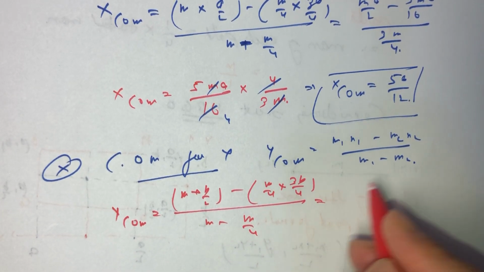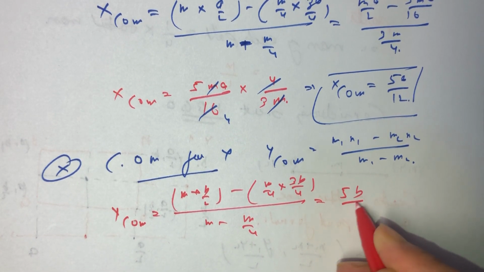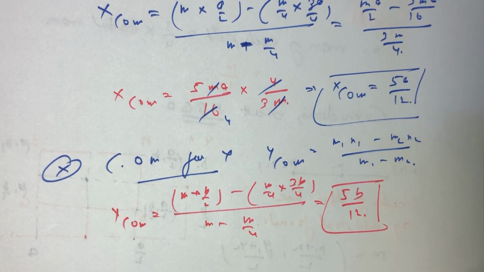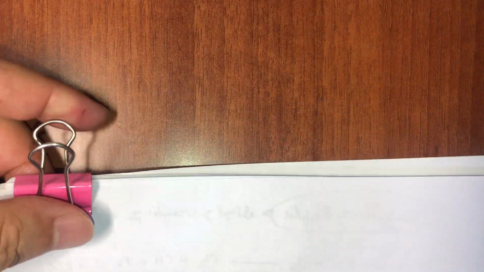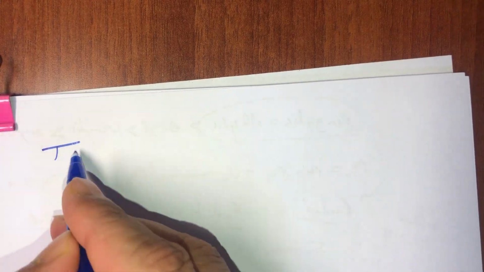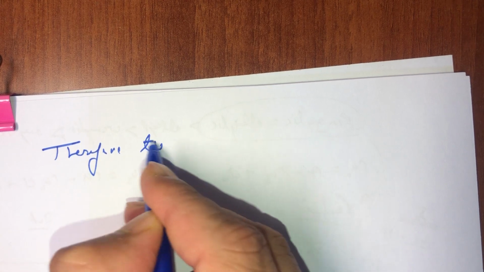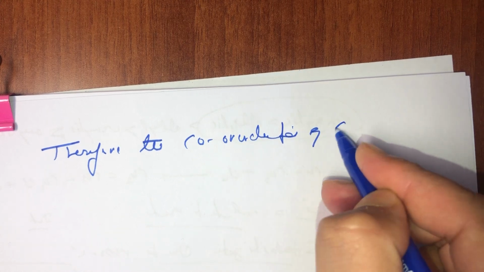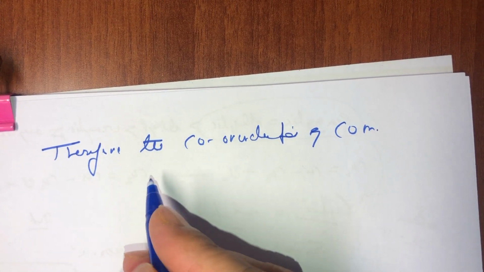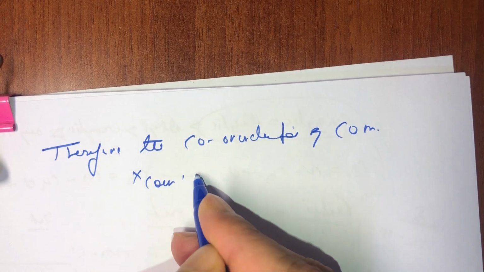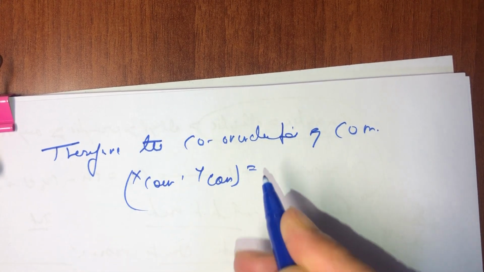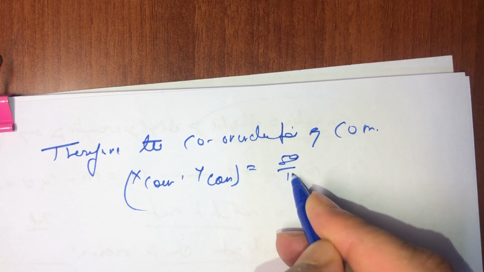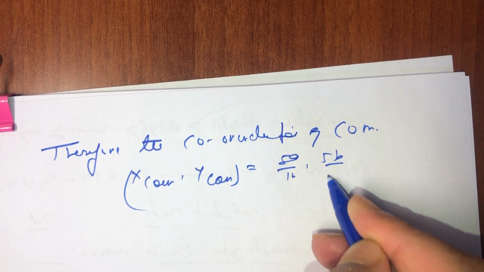This also comes the same way, 5B by 12. Therefore the coordinates of center of mass, XCOM and YCOM, will be 5A by 12, comma 5B by 12.